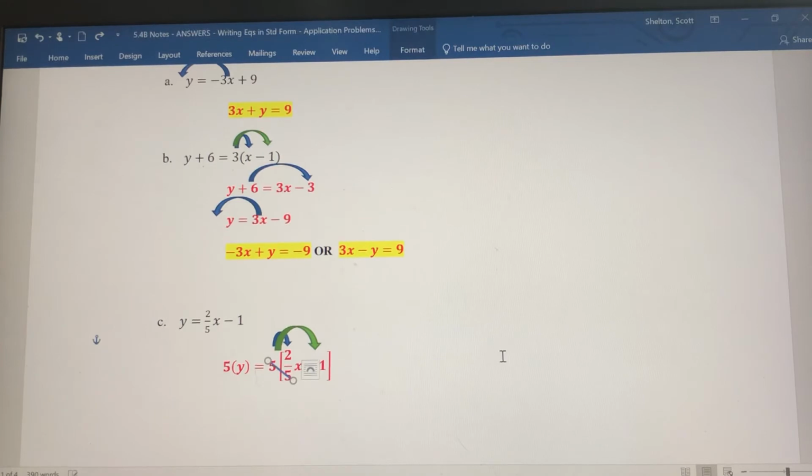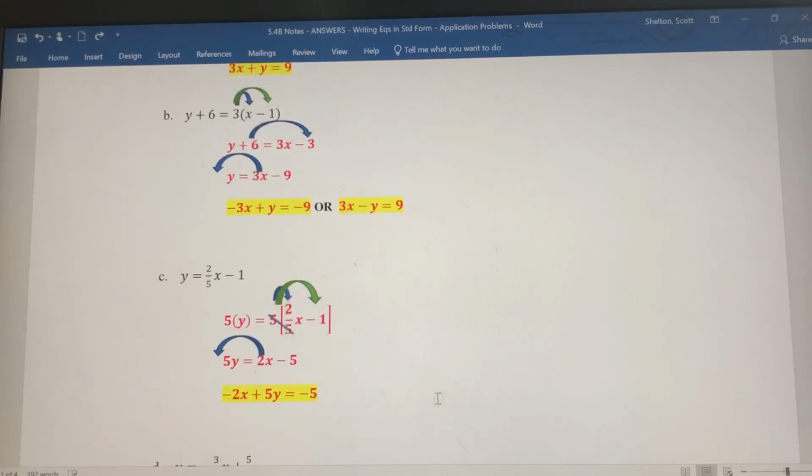So the left side becomes, these 5's cancel out. Left side becomes 5y. When I'm simplifying here, these 5's cancel out, and that leaves me with 2x, okay? Then I've got to multiply that 5 times that negative 1, and I get negative 5, okay? So distributive property and a little bit of simplifying there, okay? We're going to move the 2x over to the left side. It becomes negative.